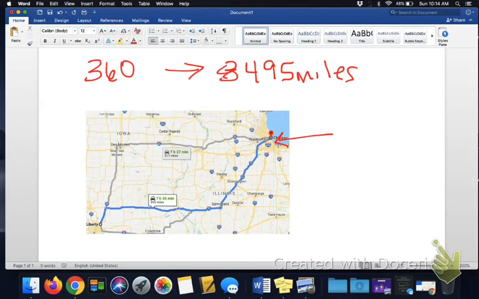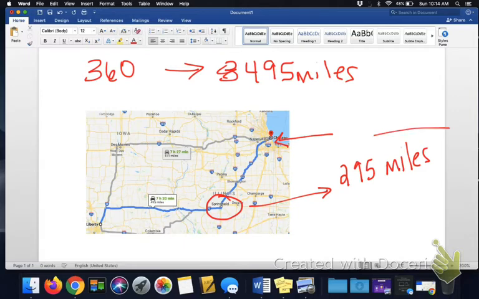Okay, so I have to decide where am I going to stop and get gas. So as I look at my map here, I can see that Springfield, Illinois looks like it's about halfway. Okay, and when I did that, I just put it in on another map. I typed in Liberty to Springfield, Illinois, and it told me that it was 295 miles.